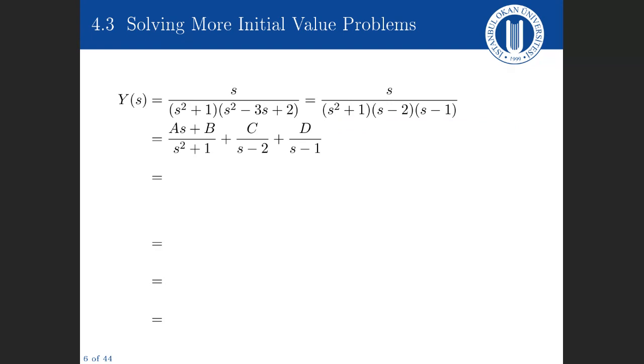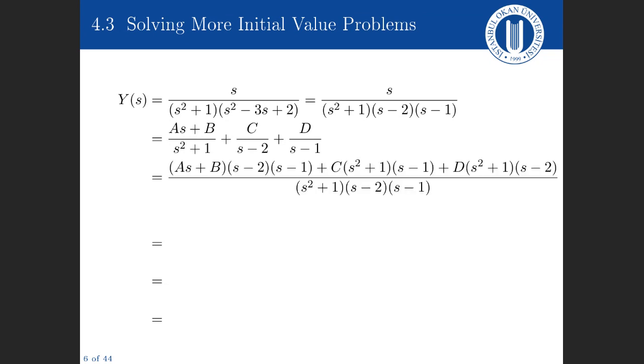So we're going to expect that this is something over s squared plus 1, plus something over s minus 2, plus something over s minus 1, where the somethings on the top are always polynomials of degree 1 less than the denominator. S squared plus 1 is a second degree polynomial, so on the top we should have a first degree polynomial, and so on.